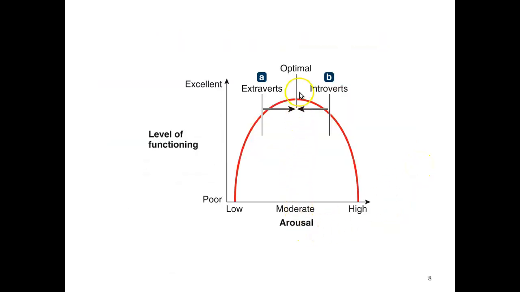So we know that extroverts and introverts need different levels of arousal. Extroverts are content at a higher level of arousal than introverts. Introverts have a lower level of arousal at which they're content. Whenever an introvert exceeds their level of optimal arousal, they start to get really anxious and overwhelmed.